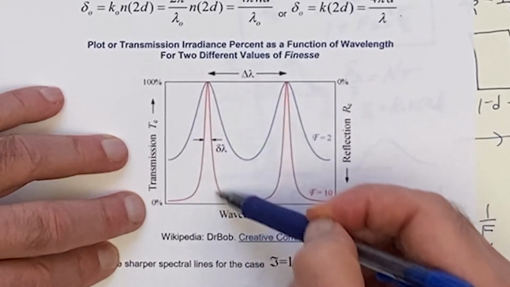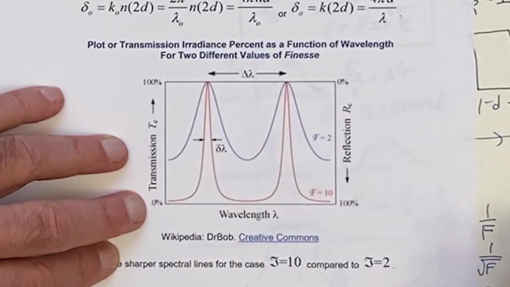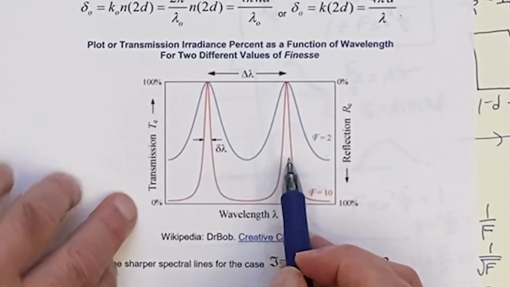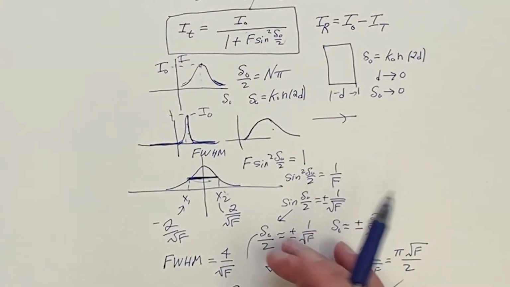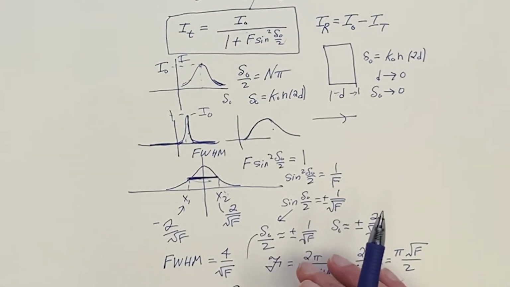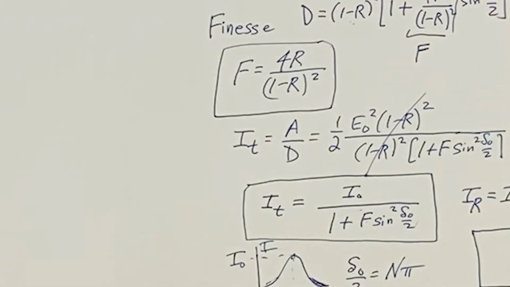So this is more spectral resolution when you apply this and try to make a measurement of a wavelength. This is good, this high finesse. So that's some of the basic physics that goes behind certain things with spectroscopy and interferometer work. And now we go to some examples of applications.